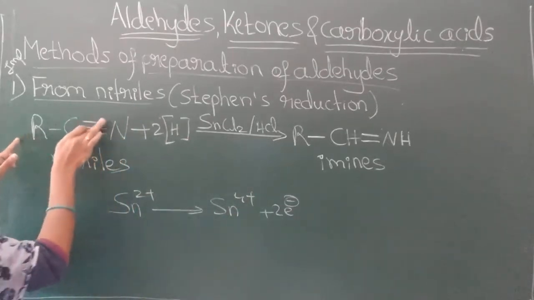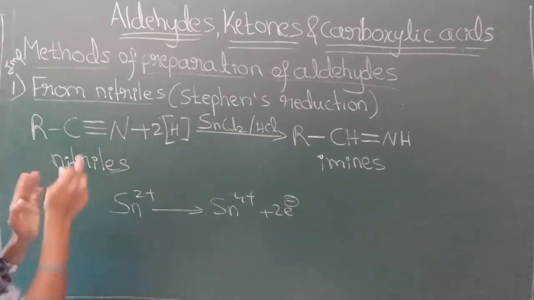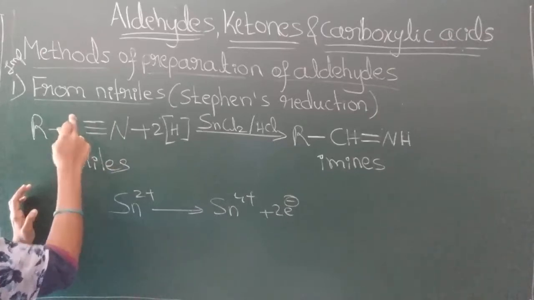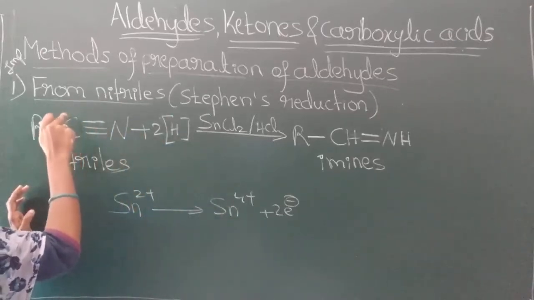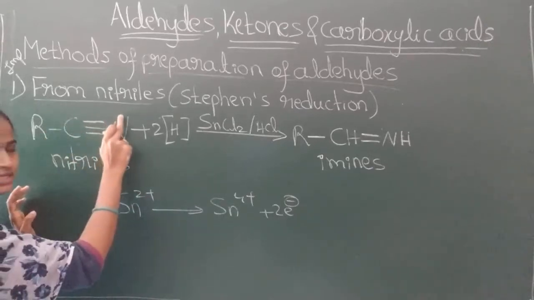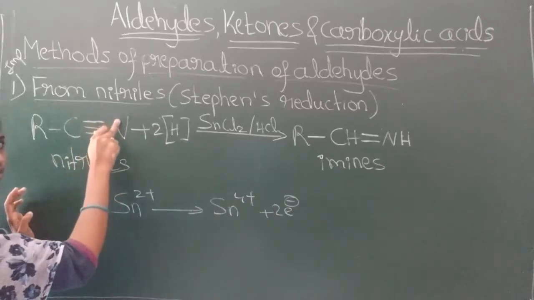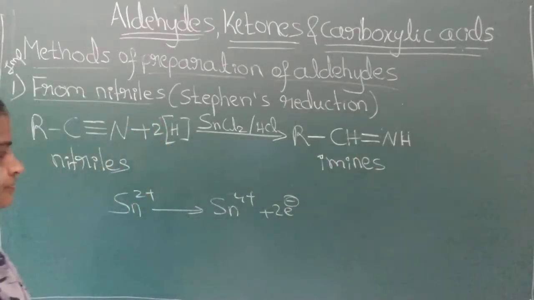Got it? See the mechanism, there is no need to discuss it in detail, but this pair of electrons goes here, so it gets the positive charge. Therefore the 2 electrons released from here go here, so this also gets a negative charge, and this also gets a negative charge. Then one proton is added here, another proton is added here, therefore CH double bond NH.